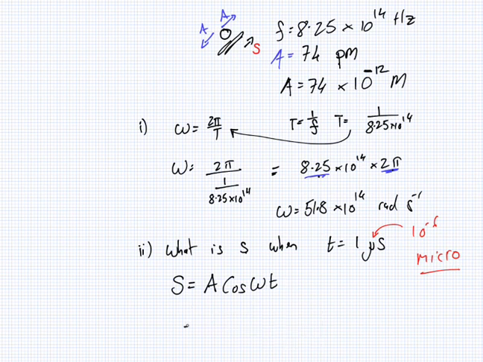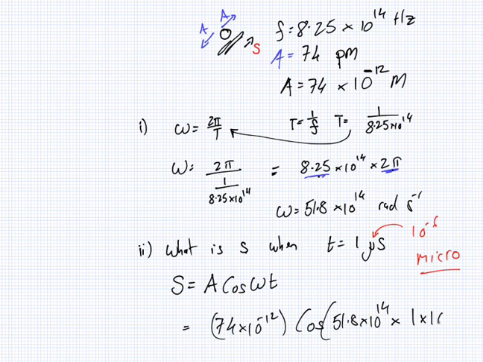Okay, so S is A, which is 74 times 10 to the minus 12, cos of omega, 51.8 times 10 to the 14, times t, and the t is 1 microsecond.